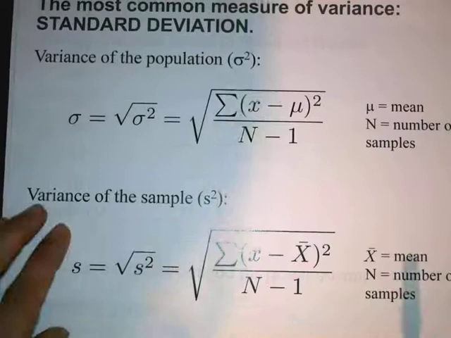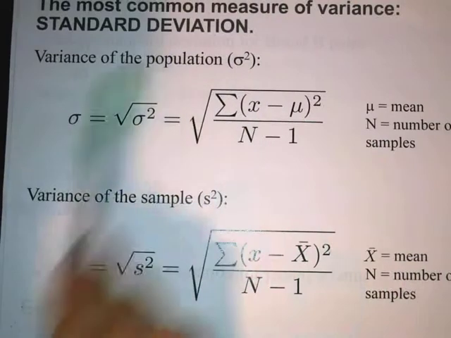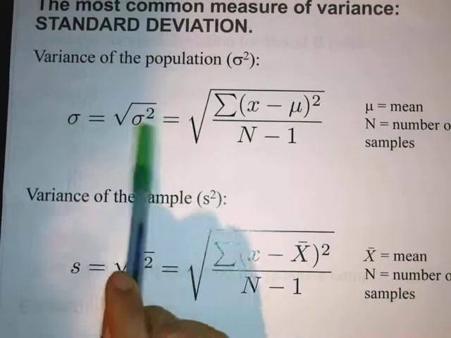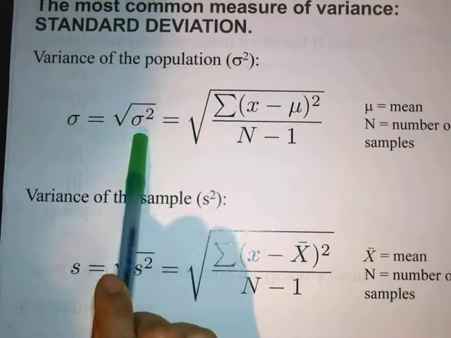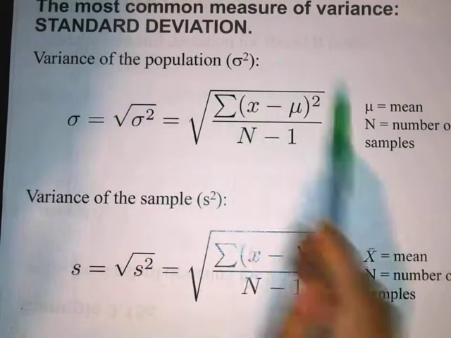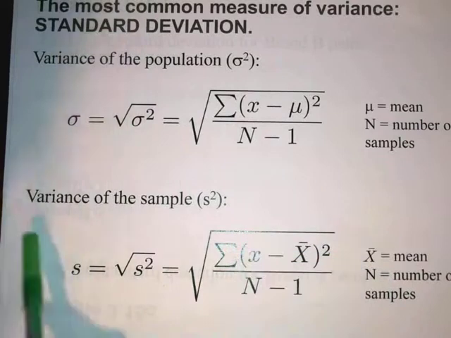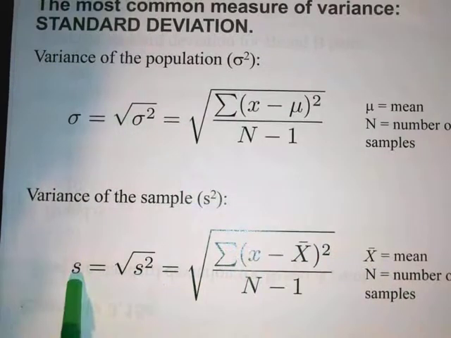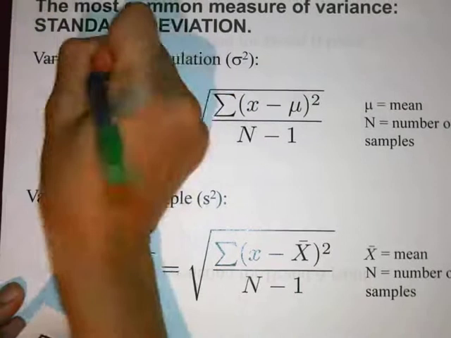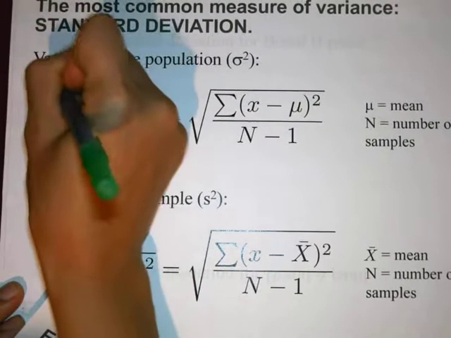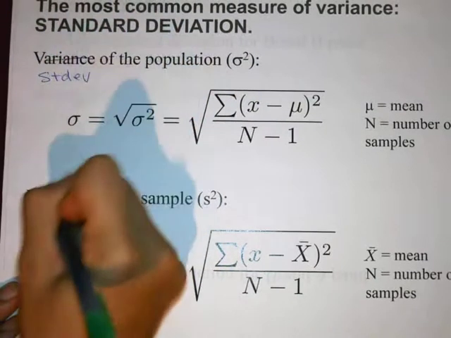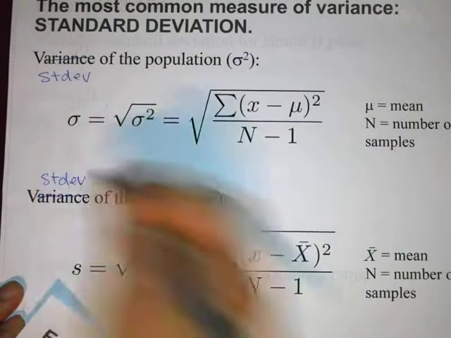So you've probably heard of the standard deviation before. And there's a formula for the standard deviation. The standard deviation of the population is the square root of the variance of the population. So this formula here is exactly the same formula, only I've added a square root. The standard deviation, and this shouldn't say variance, that should say standard deviation.